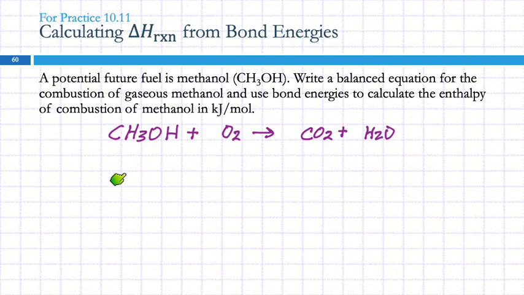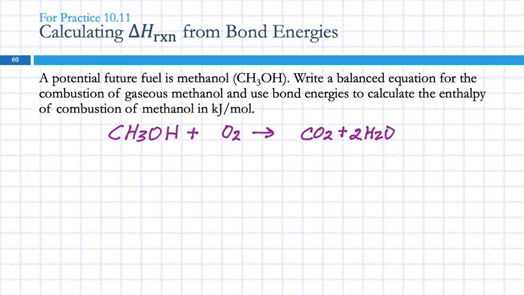So there's one carbon on this side and one carbon on that side, so that's fine. Over here I've got 3 hydrogens and 1 hydrogen there. Over here I've got 2, so a total of 4 on that side. So if I put a 2 in here, then my hydrogens are balanced.